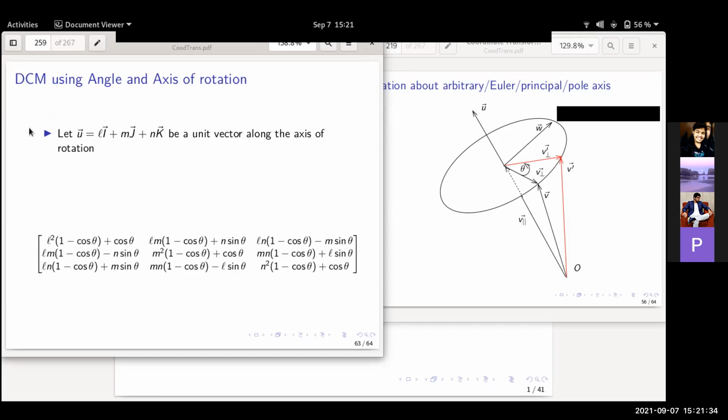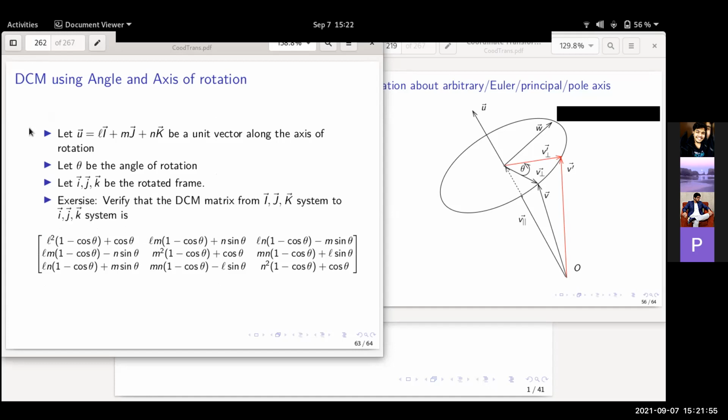This is the expression we had given as an exercise. If U is expressed in the DCM notation as a unit vector along the axis of rotation, and theta is the angle of rotation, and if small ijk is the rotated frame, you can verify that the coordinate transformation matrix is given by this expression. You have to, of course, verify it. You have to just compute these expressions and then make sure that this is the expression you obtain.